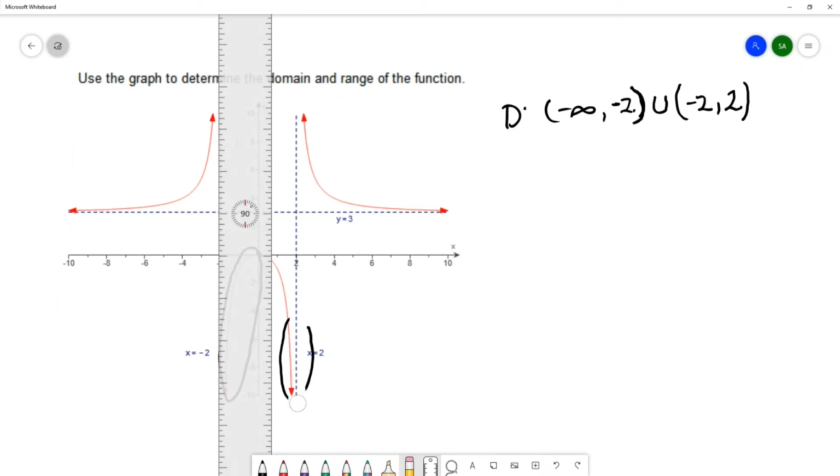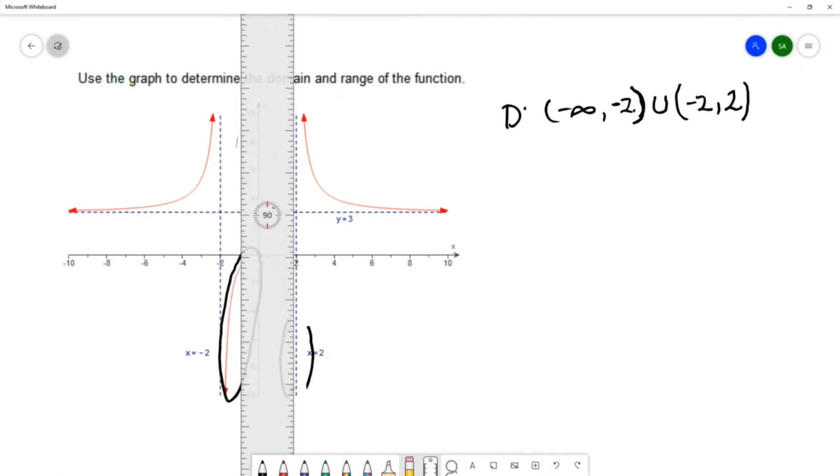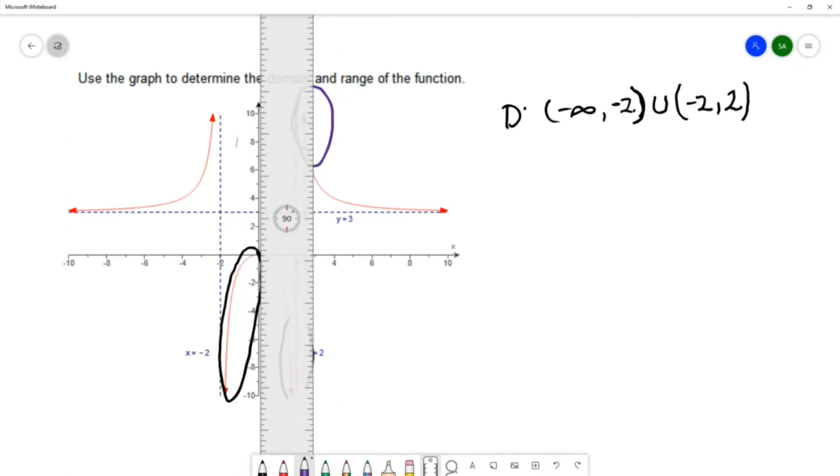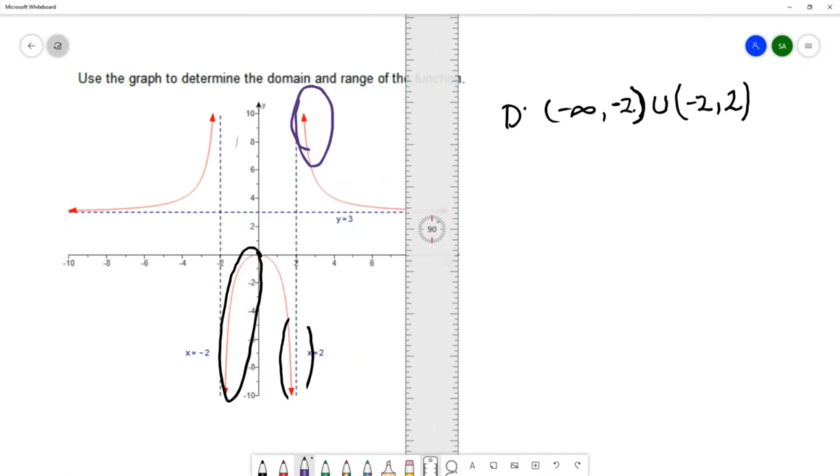There are no ordered pairs that have an x of 2. So my domain takes a break at 2, but then right after 2, this piece of the graph continues. So from 2 to infinity, I have x values that are part of the graph.